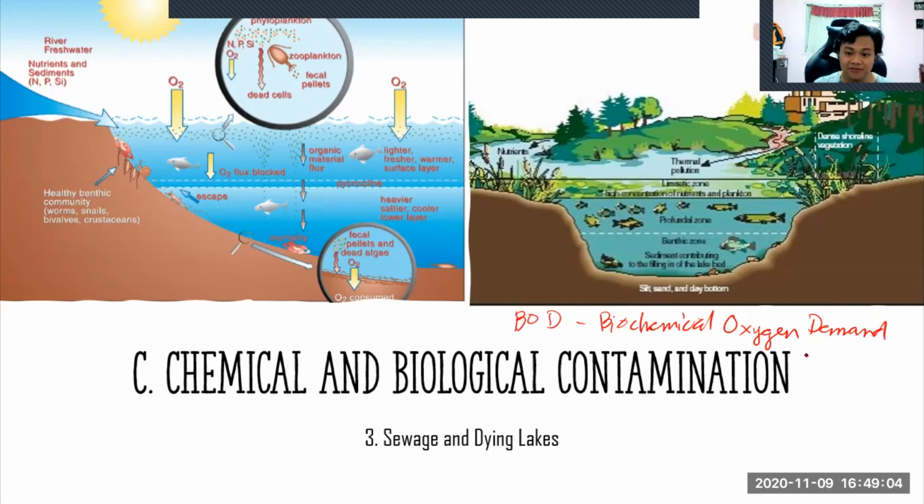So the higher the BOD, the more polluted your water is, because it is the demand, or the oxygen required, to decompose the organic matter that is being thrown in your bodies of water.